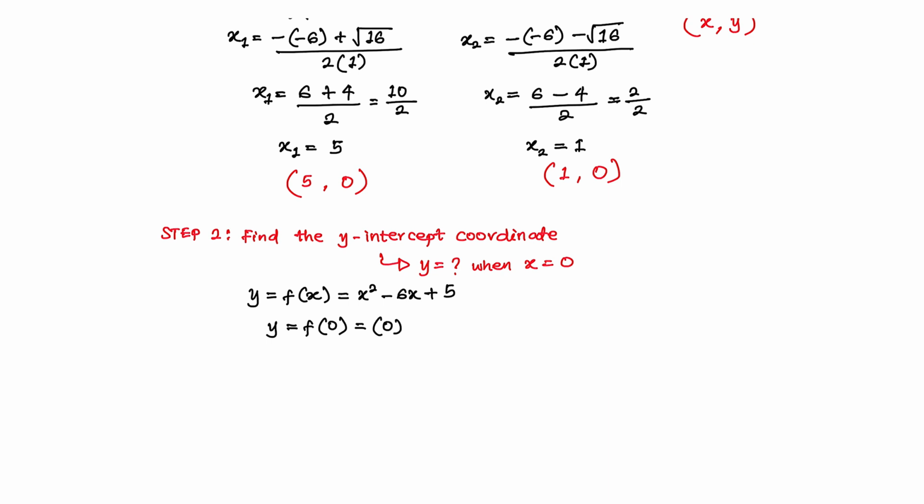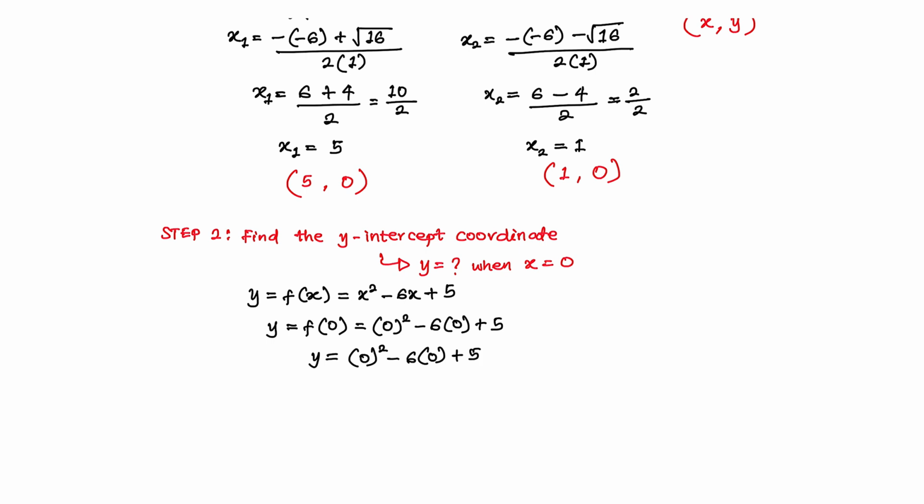So we have 0 squared minus 6 times 0 plus 5. So that means we simply have y equals 0 squared minus 6 times 0 plus 5.